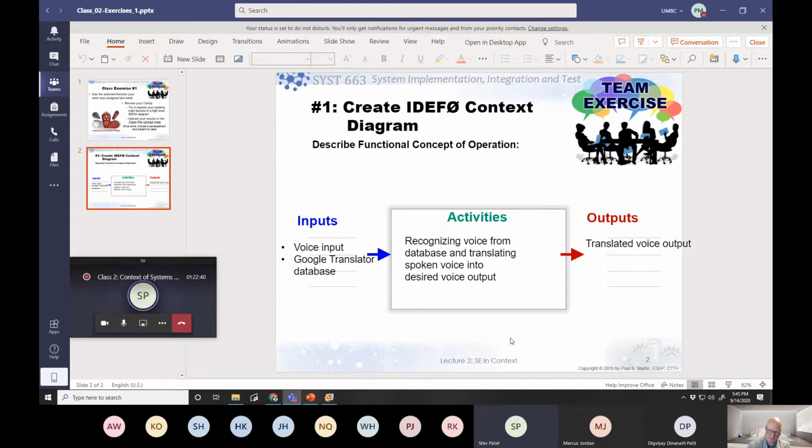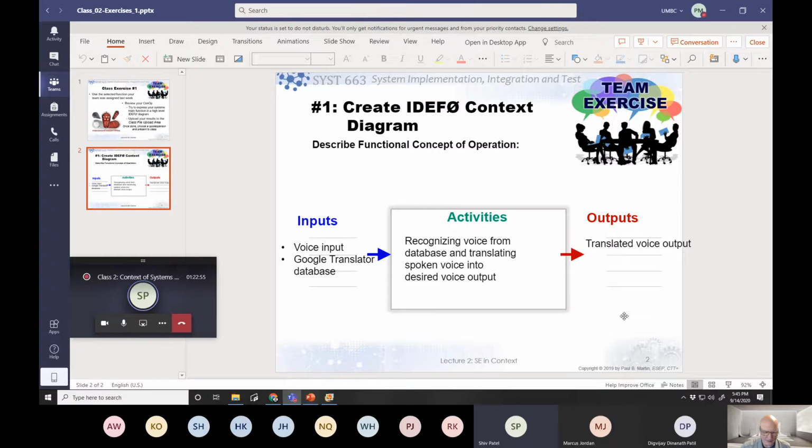Our activities are going to be recognizing the voice from the database itself and translating the spoken voice into the desired language output. And our output, of course, is the translated voice output.